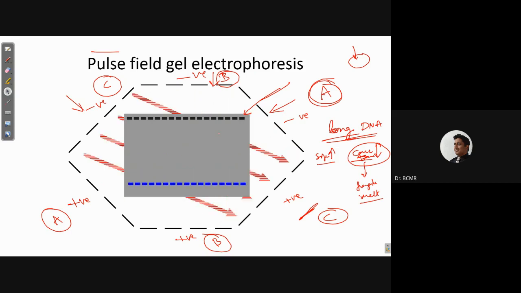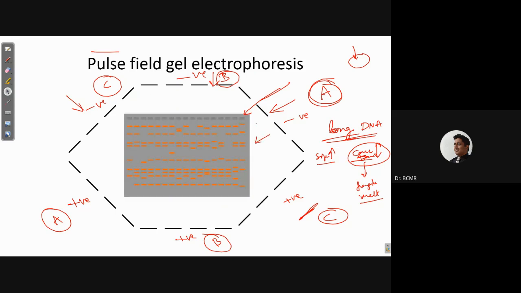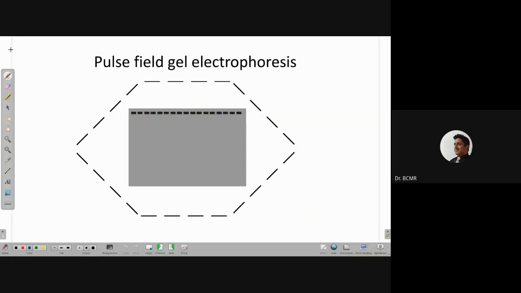When we electrophorese, we can have gel bands looking like this. So that is about pulse field gel electrophoresis. It is used for electrophoresing large-scale DNA.